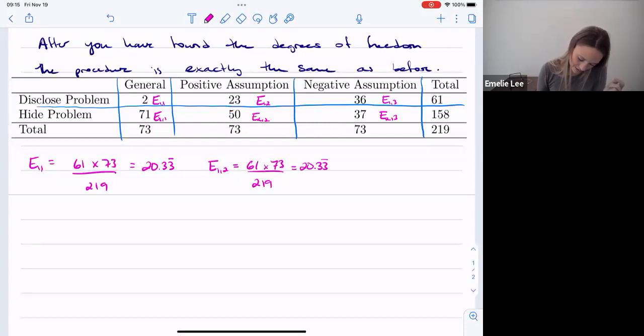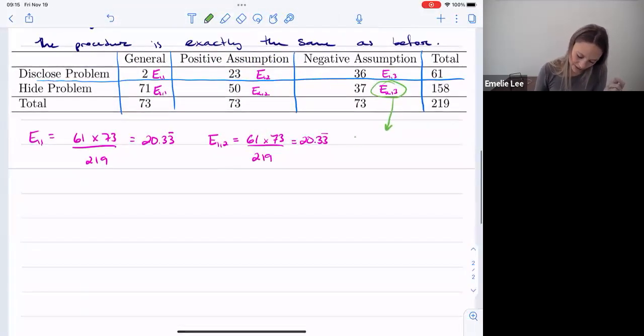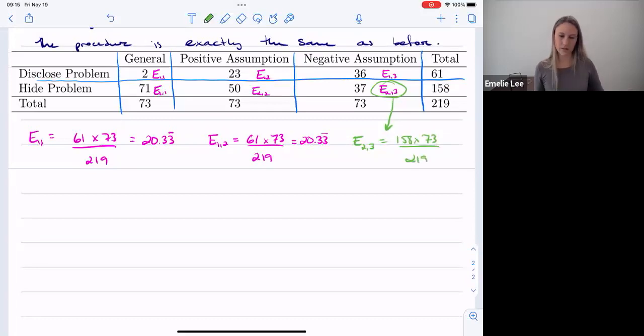And then what if we did, just to show you another option, E23 is 158 times 73 divided by 219. Again, once we have an expectation for this row, then it's going to be the same because the row total is always the same.